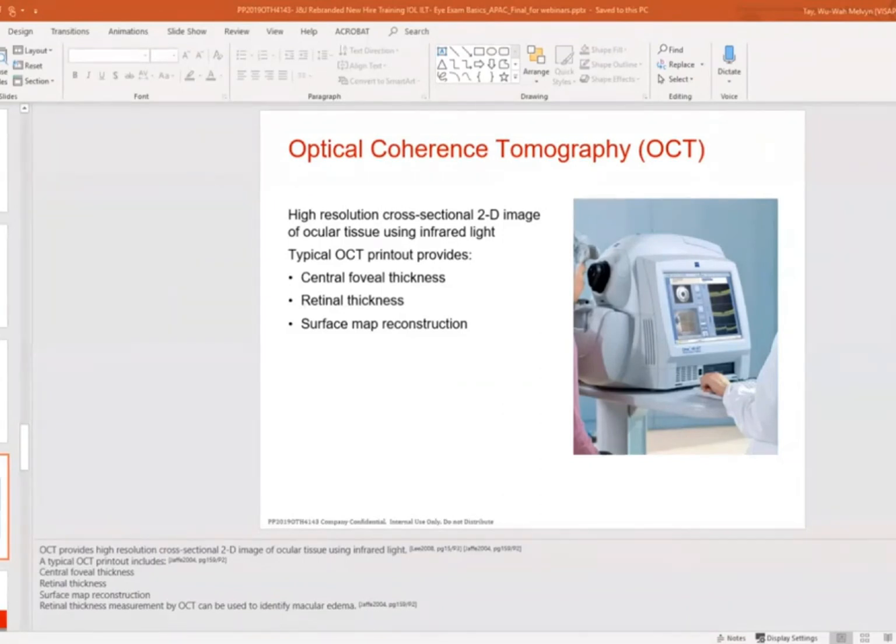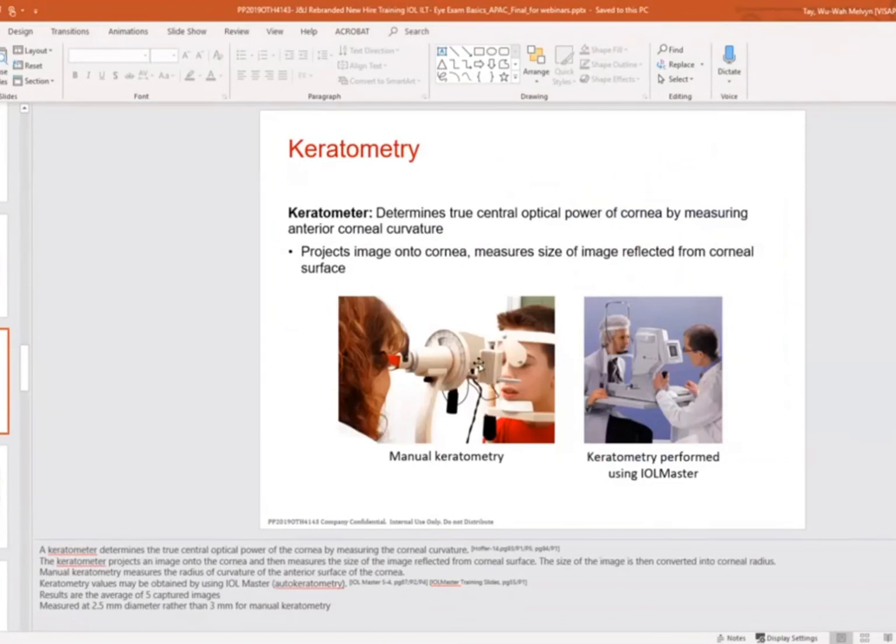I'm asking about Myers. When we say measuring Myers, are there reflections from the cornea of the same light which is used? Yeah, the Myers that I was referring to are actually from the manual keratometry, the manual keratometer. What happens is that there's some projection of these Myers. Let me show you. Just give me a minute.